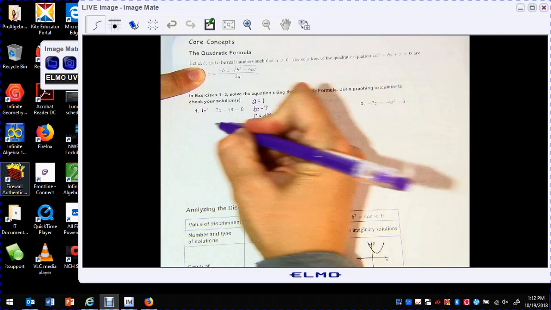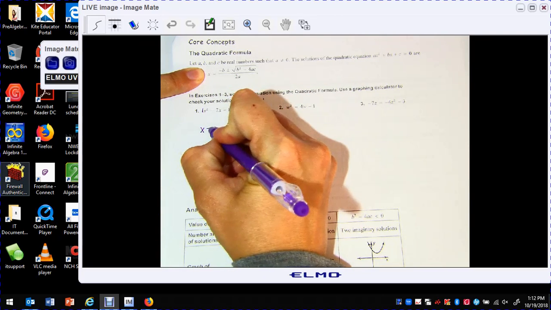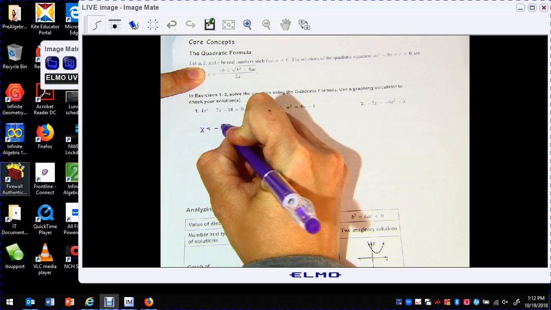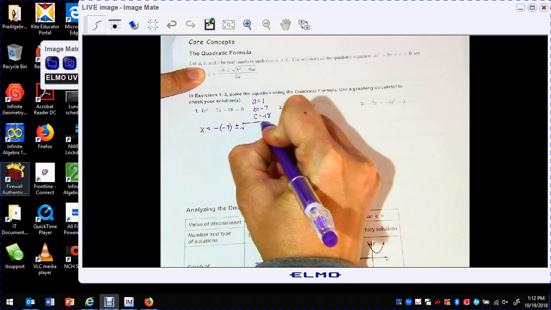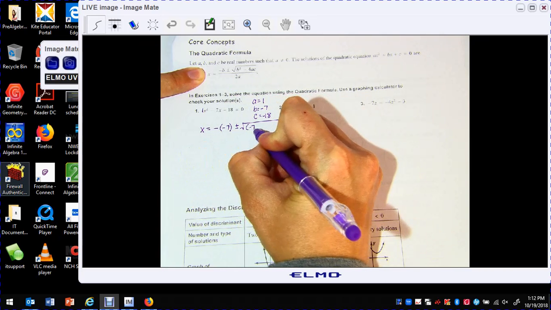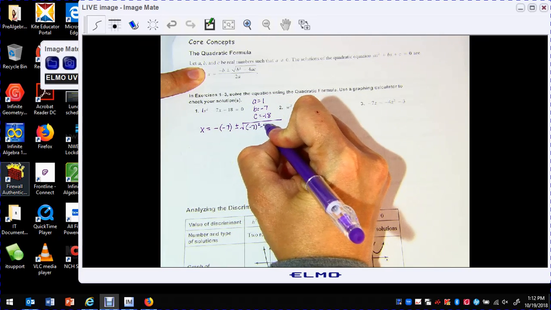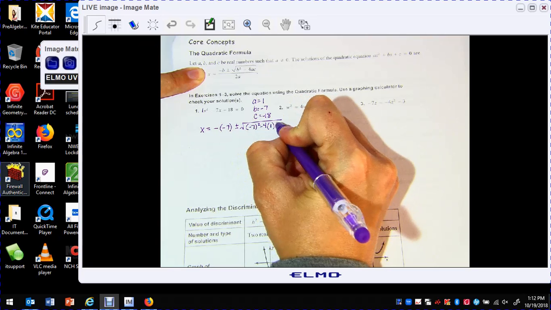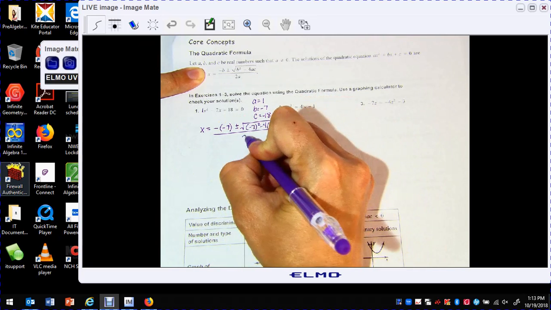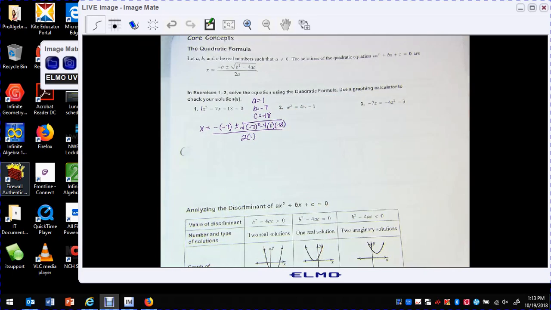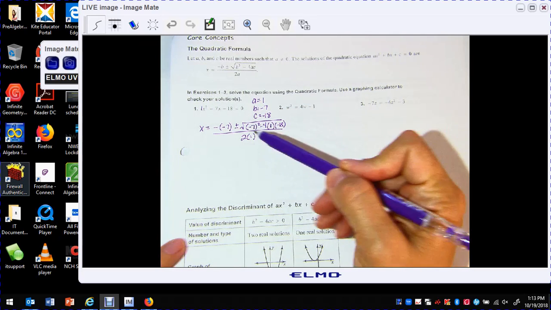So I have that my x's are going to equal negative b plus or minus the square root of b squared minus 4 times a times c. Everything is over 2 times a. Okay? So I just go through and simplify a little bit now.